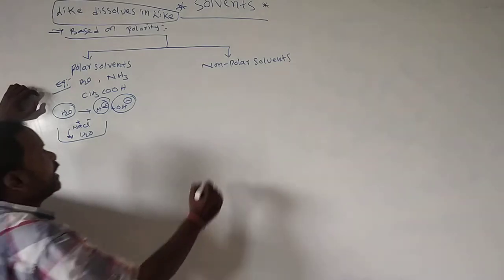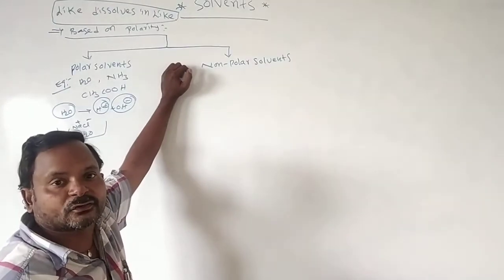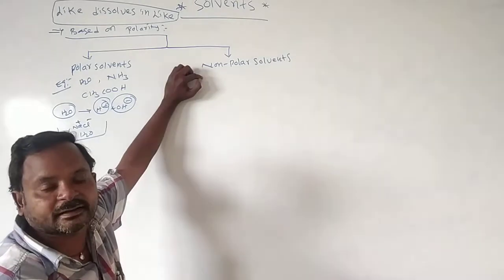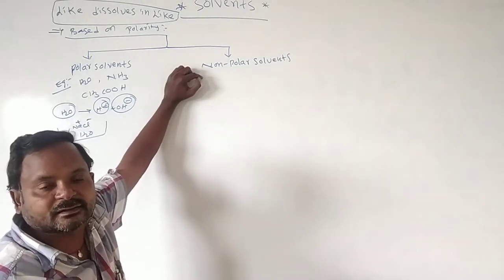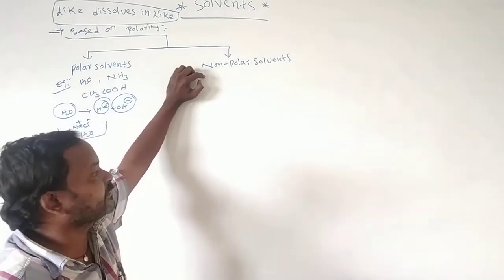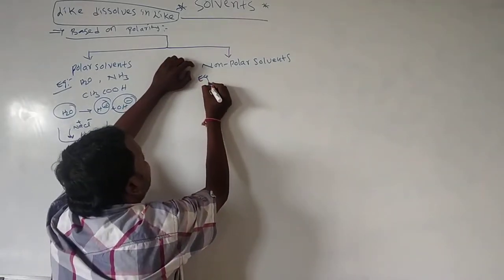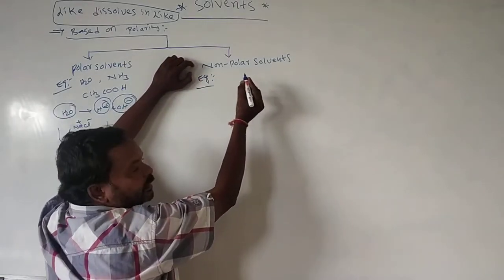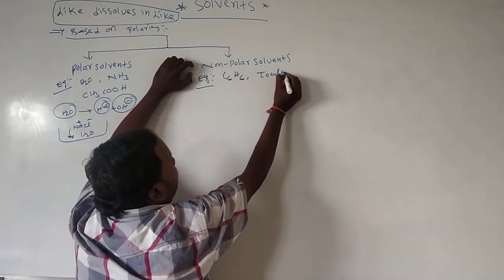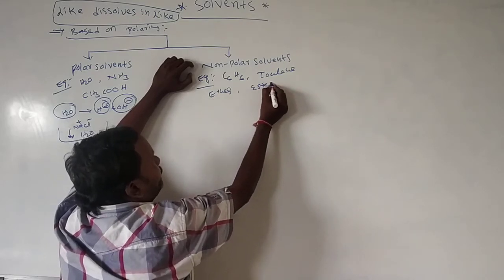And here, a non-polar solvent is one which cannot easily dissociate. The solvent which cannot dissociate into two poles is called a non-polar solvent. Examples for non-polar solvents: benzene, toluene, ether, esters.